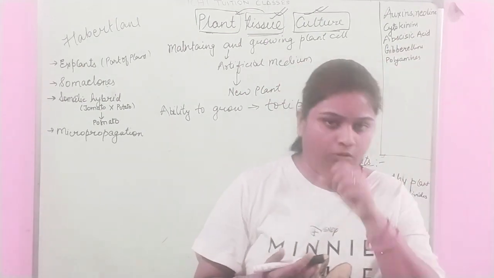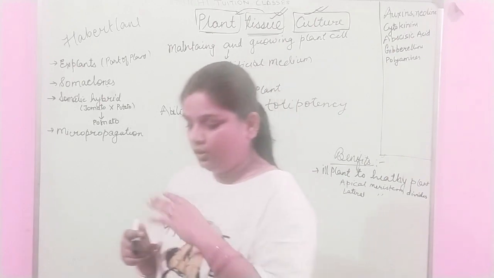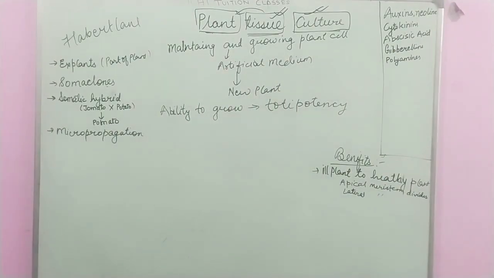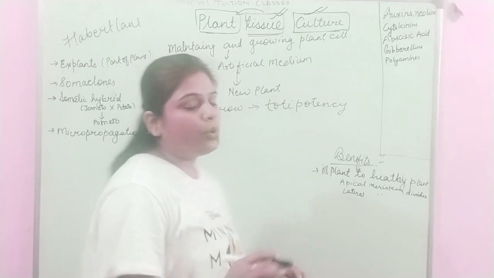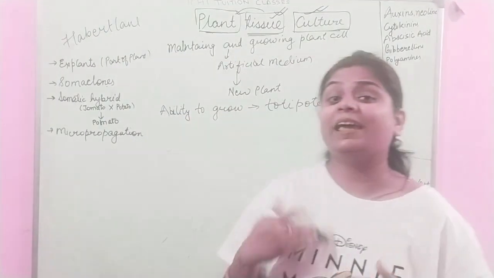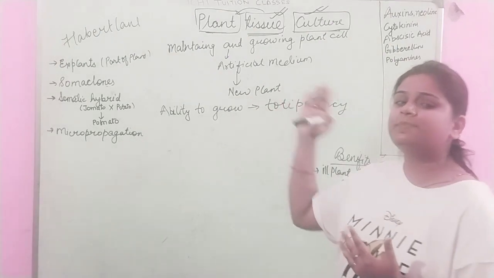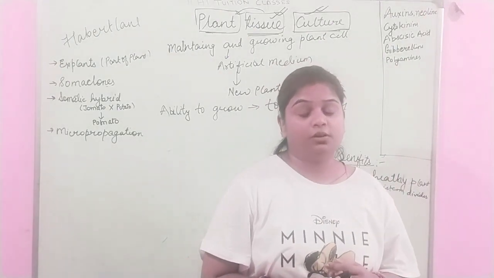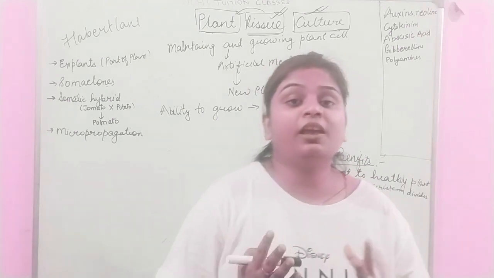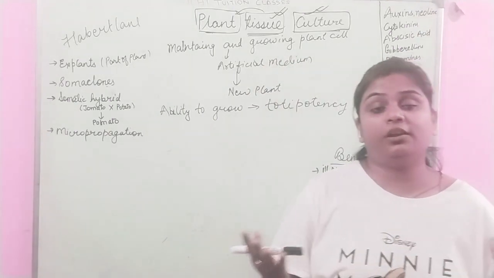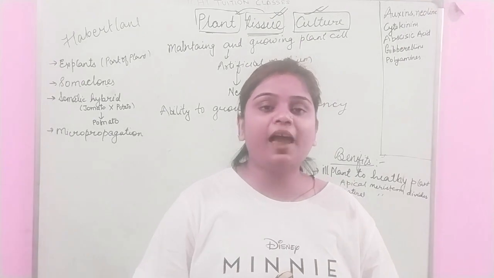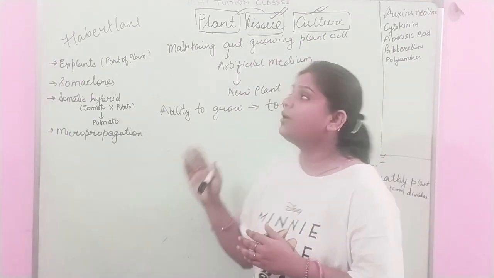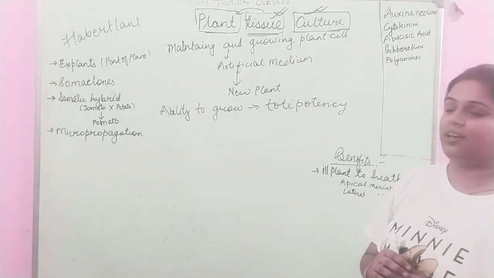Plants are grown by the natural process in general, but plant tissue culture is a new technique which is used to produce plants in your required or desired quantity, or with desired traits, through these tissue culture techniques.